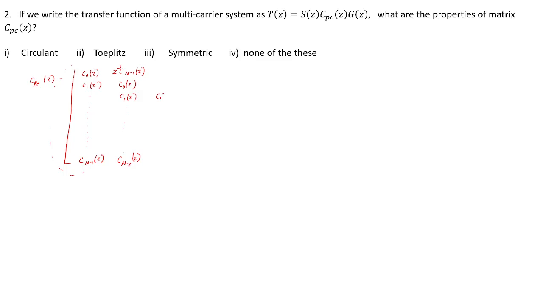So C0(z) is here, C1(z) here, we have C(n-3)(z) here, this one comes down here, z inverse C(n-1)(z), and this one goes here and is multiplied with z inverse C(n-2)(z). It is n minus 3 anyway.